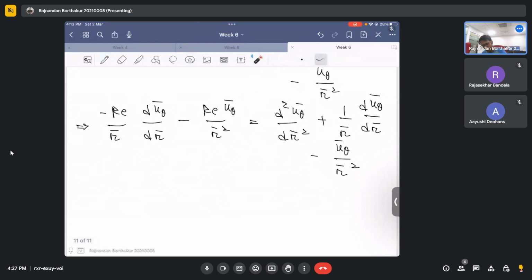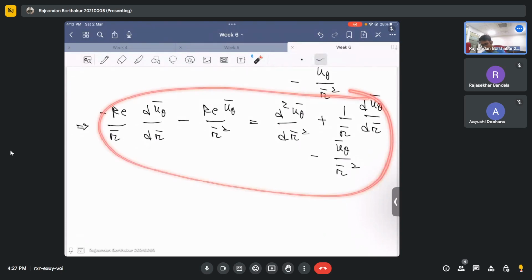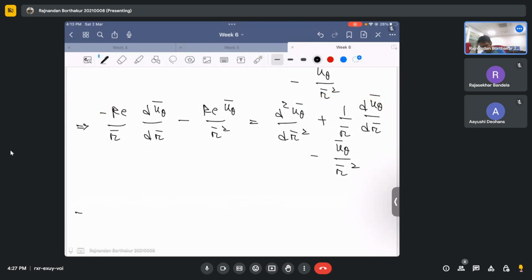If I rearrange these terms, you'll get a nice ODE of this form.